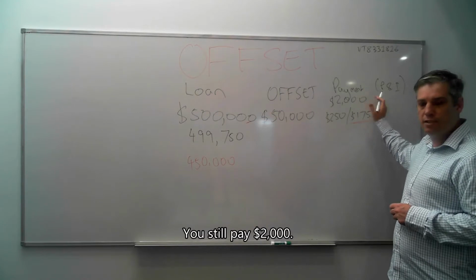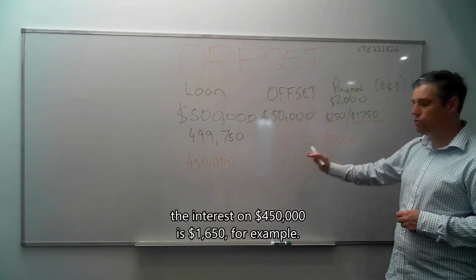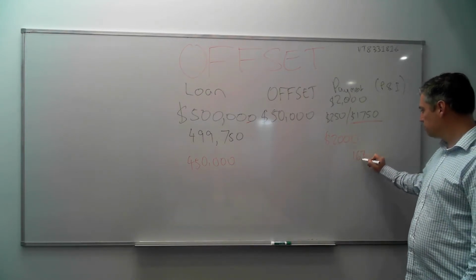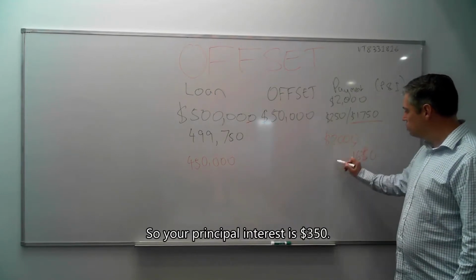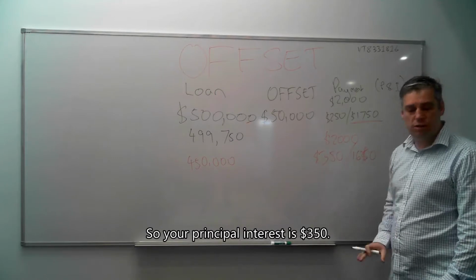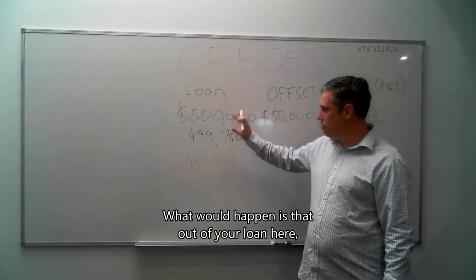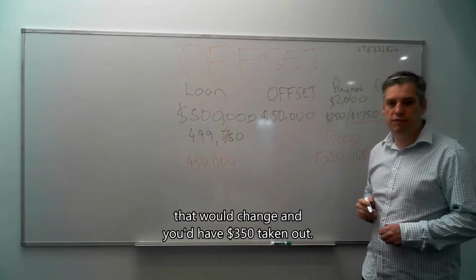You still pay $2,000. But out of the $2,000 you pay now, the interest is $1,650, for example. So your principal is $350. So what would happen is that out of your loan here, which is still your loan total, you'd have $350 taken out.